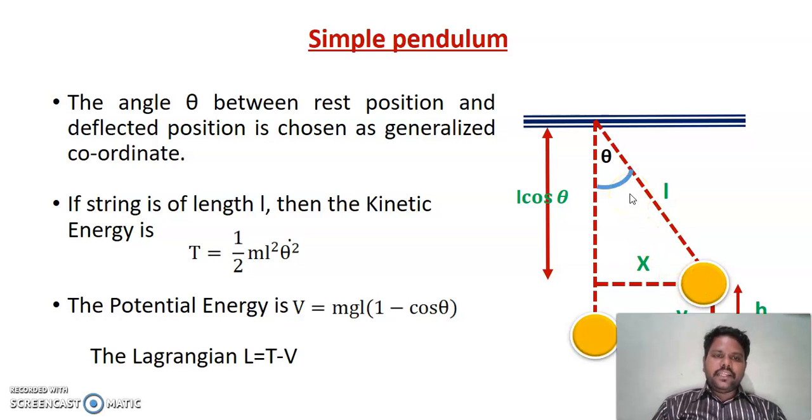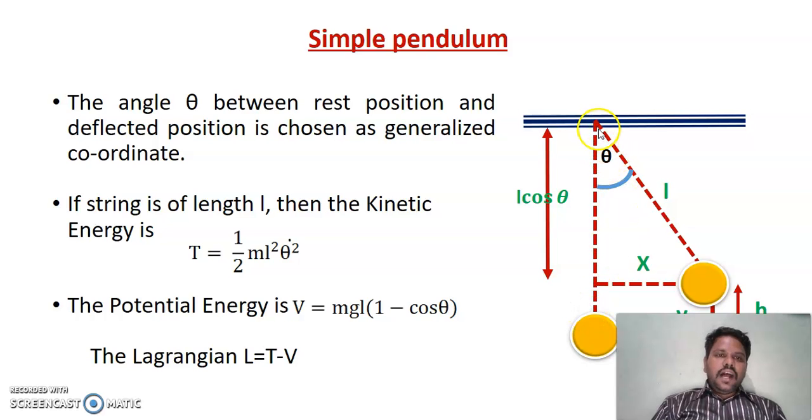We find that the simple pendulum is constrained to move in a plane with x and y. In plane polar coordinates r, theta are the coordinates required to specify the simple pendulum.